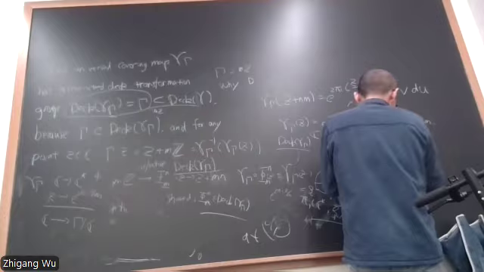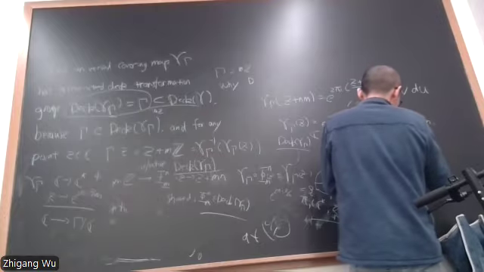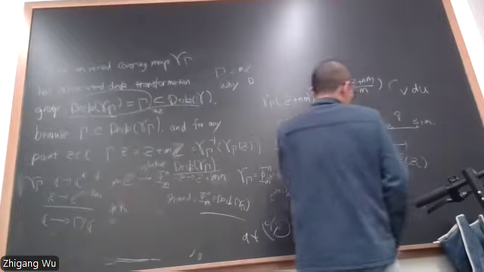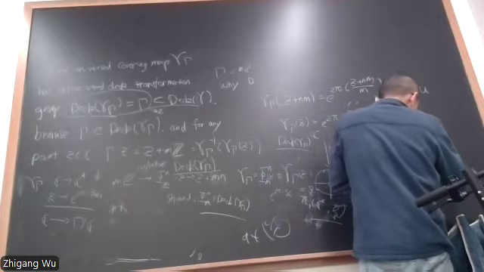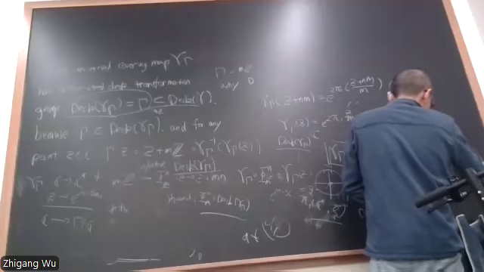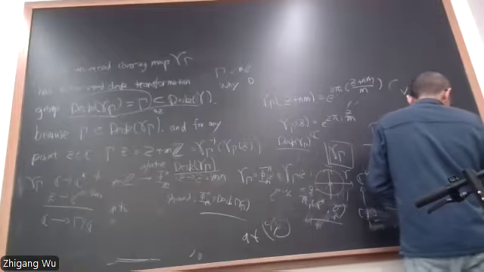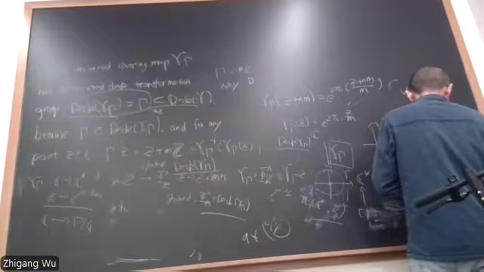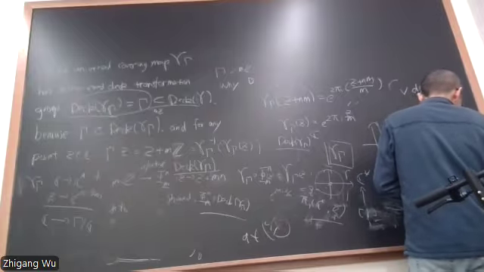So what are the possible images? The possible images are actually contained in the inverse of this zeta naught.